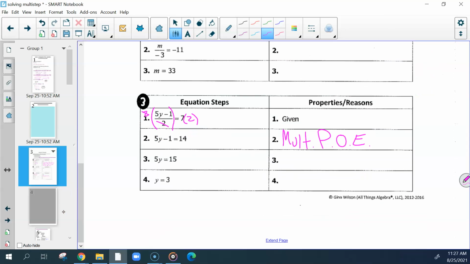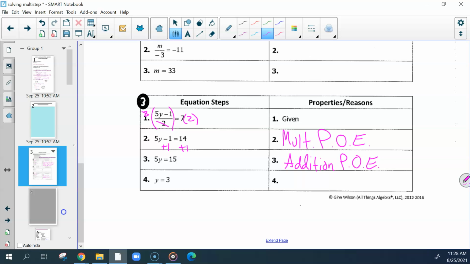Right, so we multiply both sides by 2. Now from step 2 to step 3, what did we do? Added 1 on both sides. And what was the last thing we did?